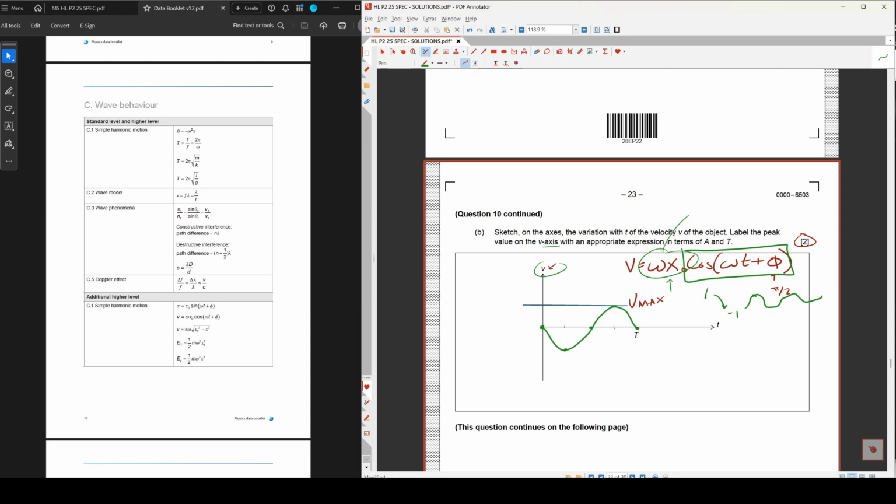Because of how the math works here, the max velocity is just this thing out in front of the cosine term. In other words, the biggest amount the cosine can equal is 1, right? So at a maximum, this equals 1. So the velocity at the maximum equals this much. So it's angular frequency times x0. But we're like, okay, wait, they're saying a and T. Well, x0 is A, right? x0 is the amplitude.